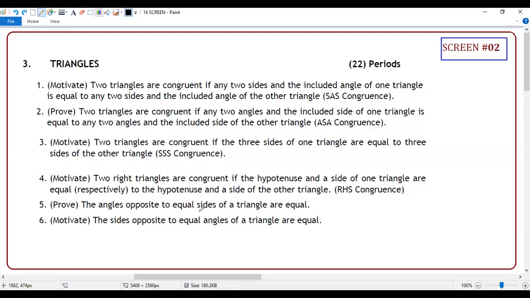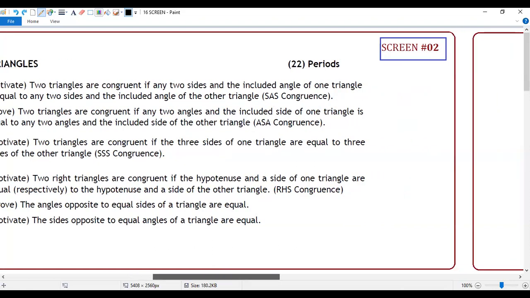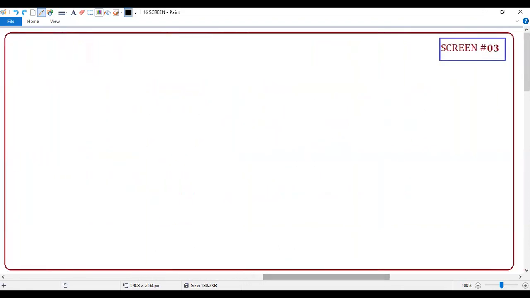Can you tell me which criteria your textbook or syllabus has not included? Yes, sir. AAS is not included, but indirectly I told you. AAS is also ASA, okay? Because both are the same, because the third angle is going to be equal, correct? So please remember this, okay?